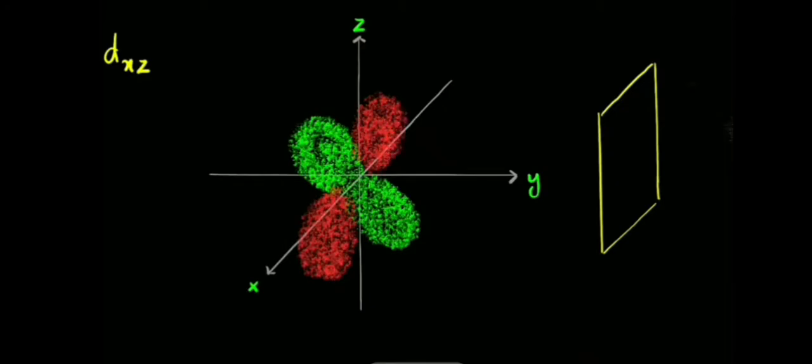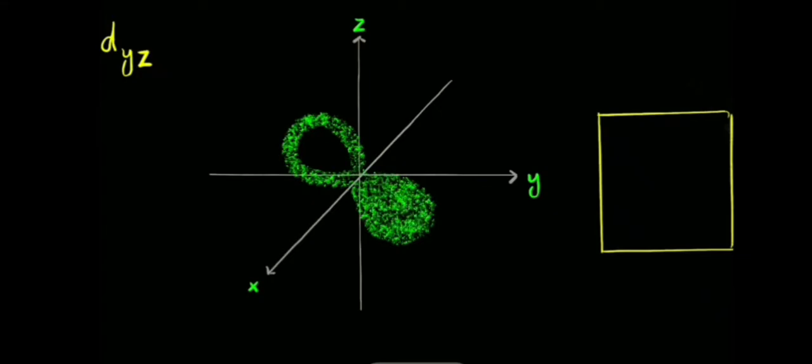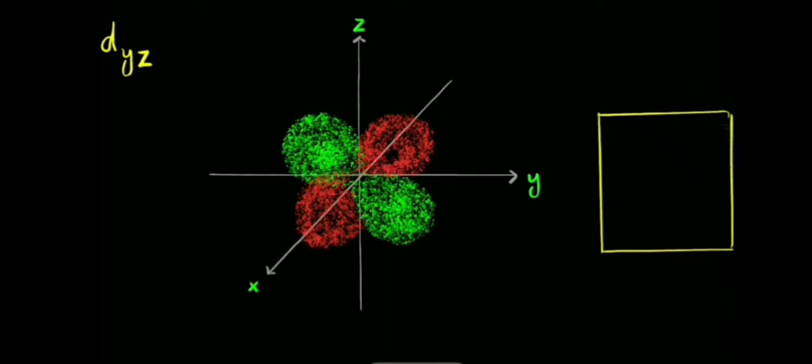Well, these are the other 2 lobes. Next, coming to the dyz, the 4 lobes are present along the yz plane that has been shown here. These are the 2 lobes having same phase. It is writing X along the yz plane. Well, these are the other 2 lobes having a different sign.